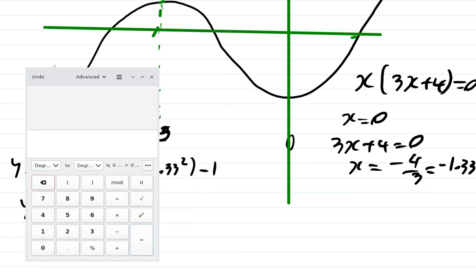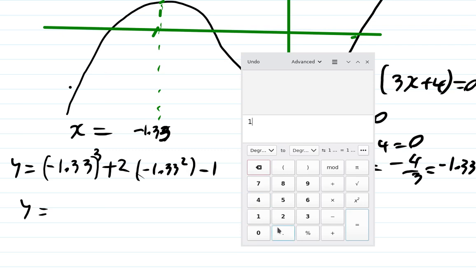So, this is my calculator. Negative 1.33 cubed is going to be a negative, so negative 1.33 cubed equals that. Plus 2 times negative 1.33 squared.